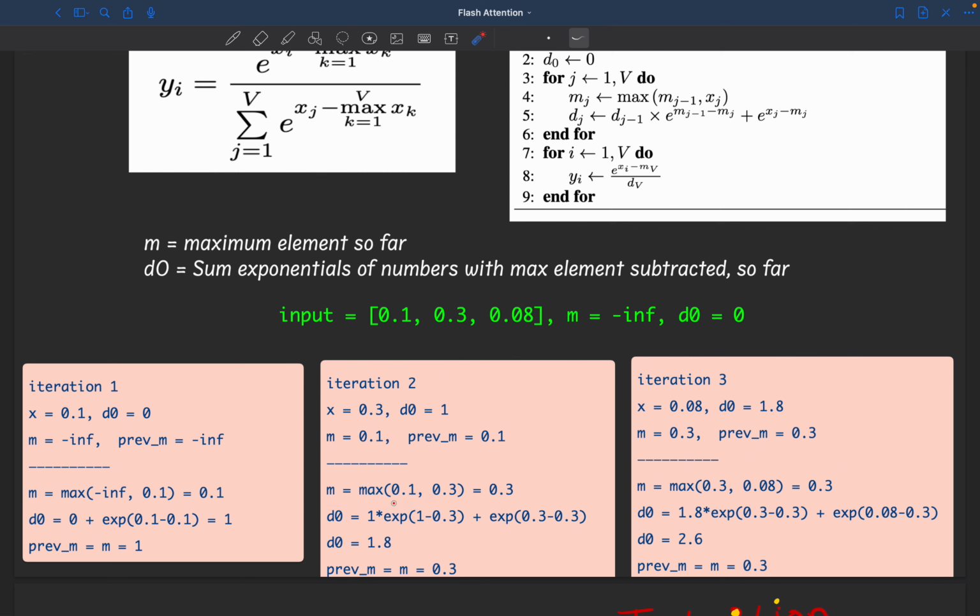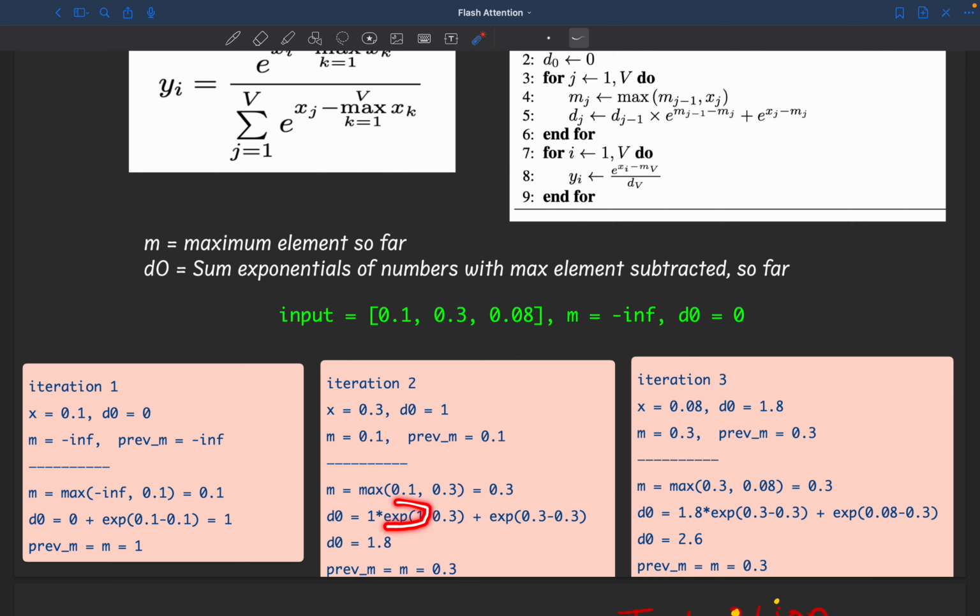M is equal to max of 0.1, 0.3. Why 0.1, 0.3? It's the maximum of the previous maximum versus the current element, right? And here it is 0.3. Now here, as I was saying earlier, previously calculated d, we are undoing the changes whatever we have done on the earlier.